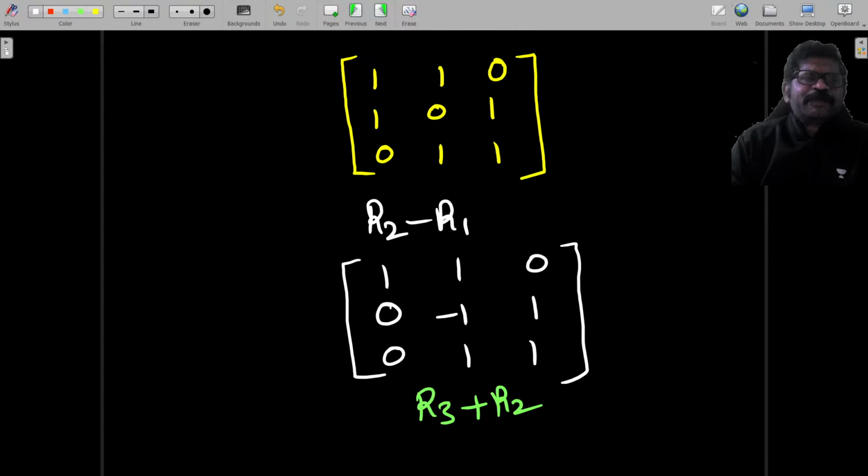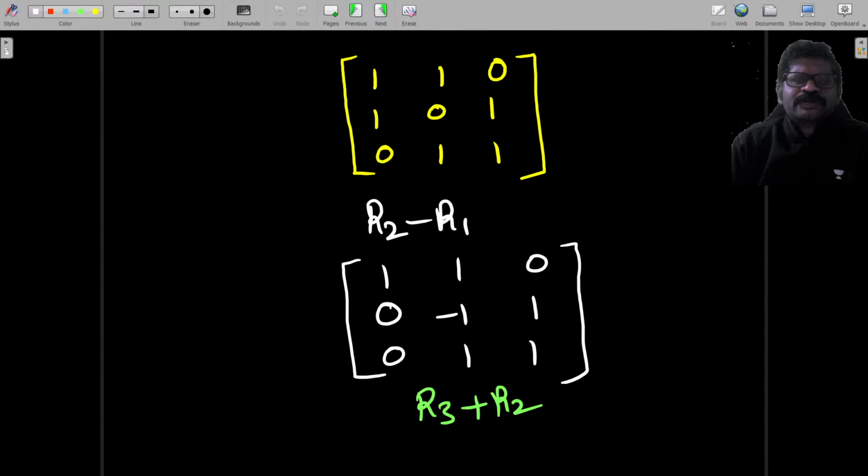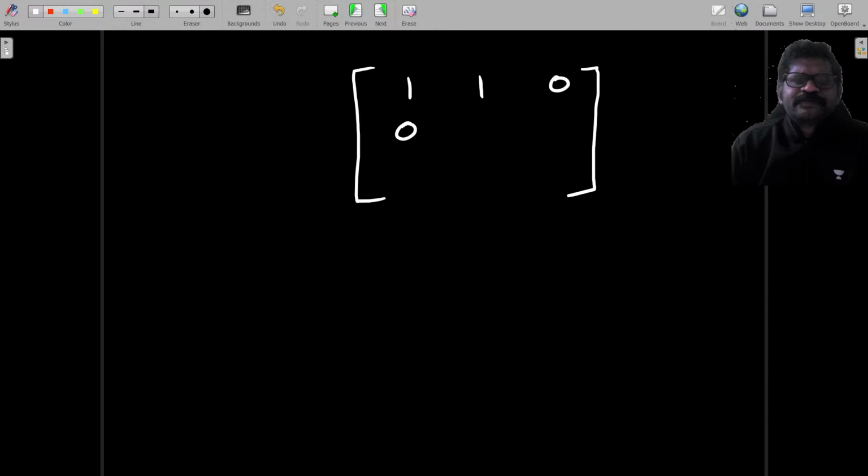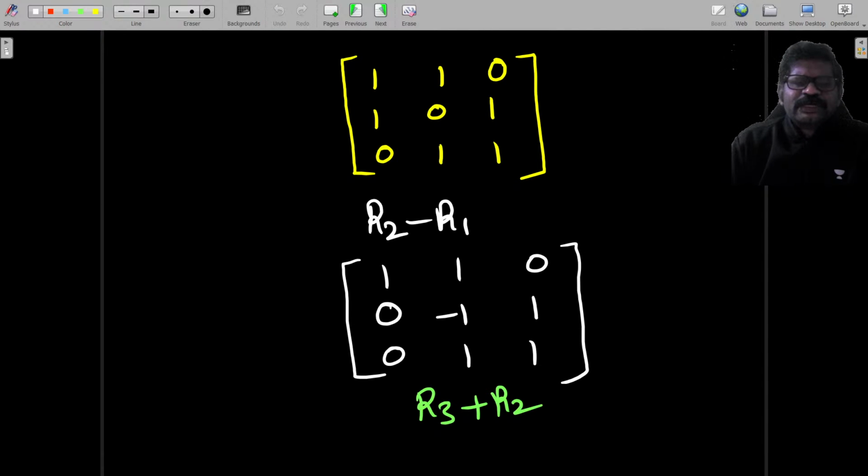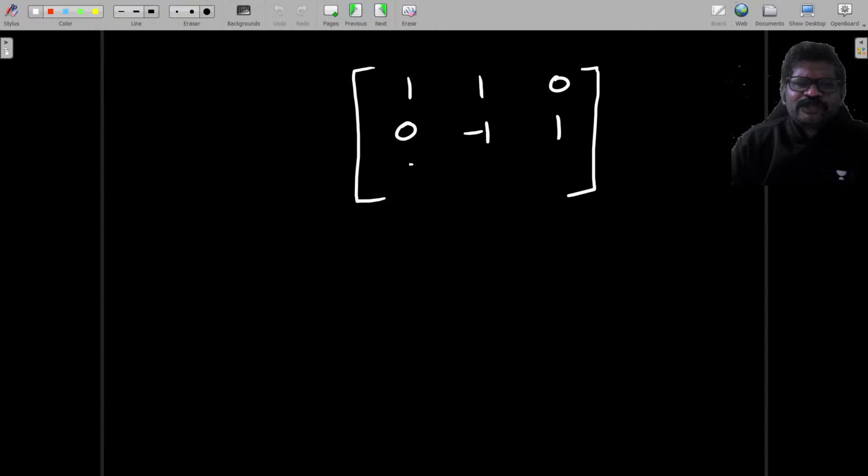By applying R3 plus R2, we get 1, 1, 0, 0, minus 1, 1, and R3 plus R2 gives 0 plus 0, minus 1 plus 1, 0, 1 plus 1, 2. So 0, 0, 2.